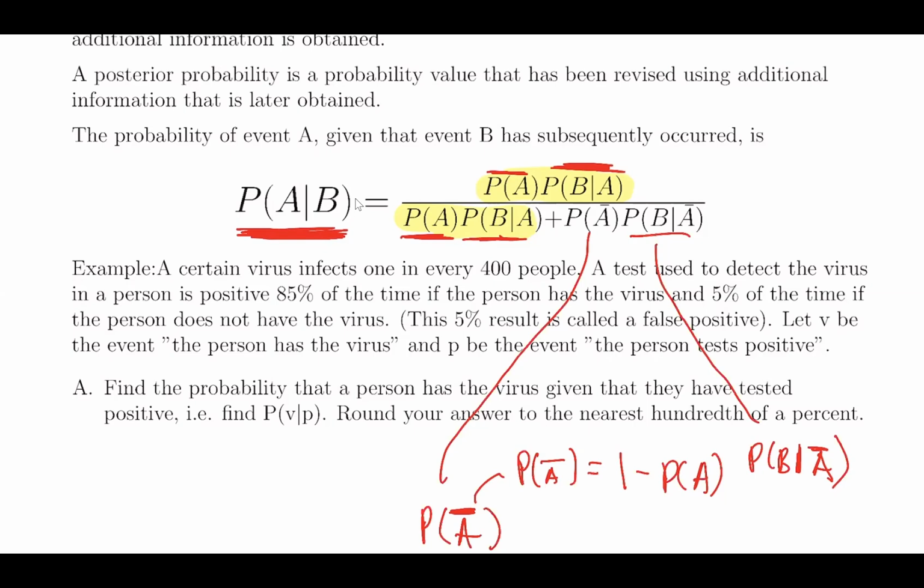The second way I'm going to do with a tree diagram. And then essentially you can just pick whichever one you want to use. It doesn't really matter which one you choose, because both of them should give you the same answer. All right, so let's go ahead and look at this problem.